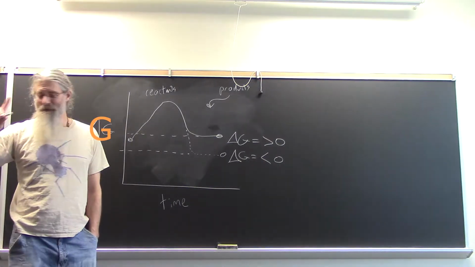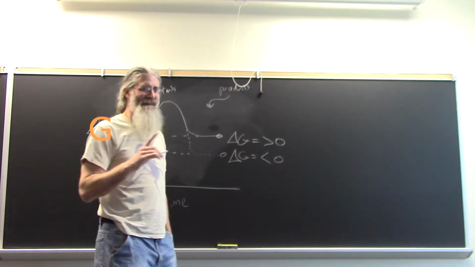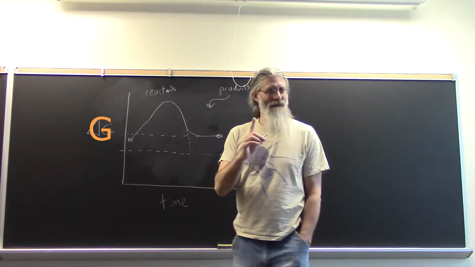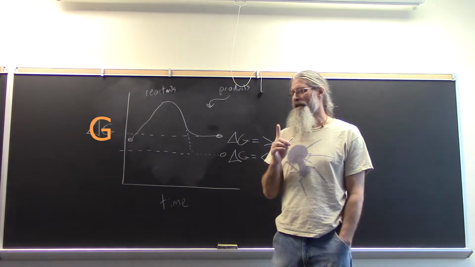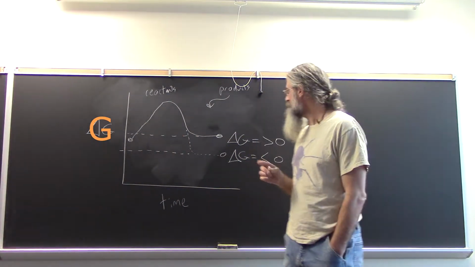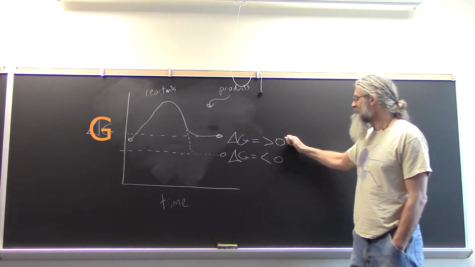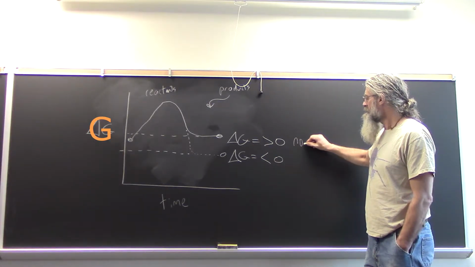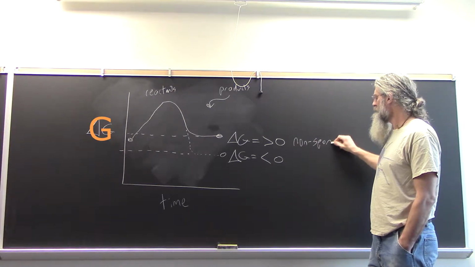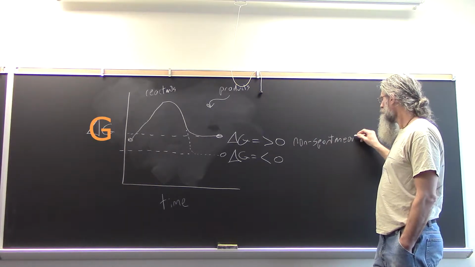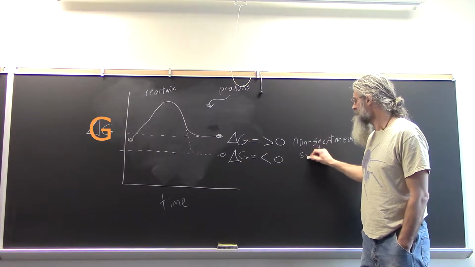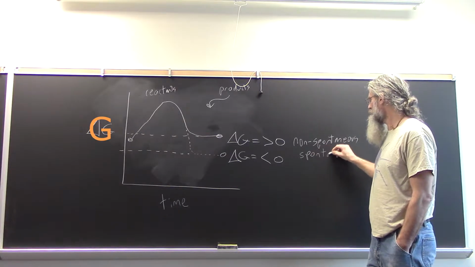So if I'm remembering my chemistry correctly, I do have a degree in biochemistry, but it was something I earned over 30 years ago at this point. If you've got a delta G that's positive, then that's considered to be non-spontaneous. And if you have a delta G that's negative, that's considered to be spontaneous.